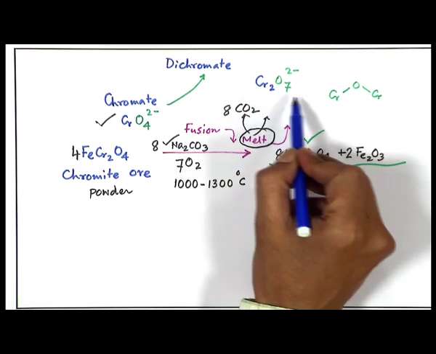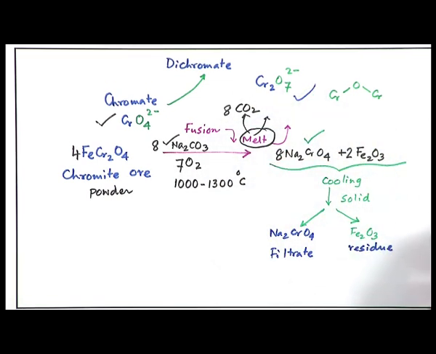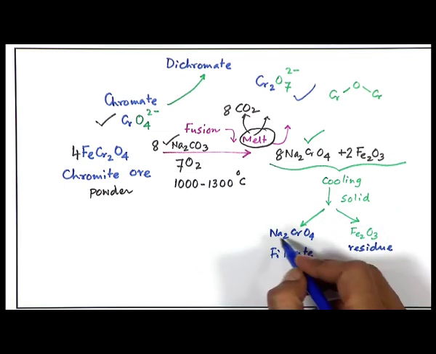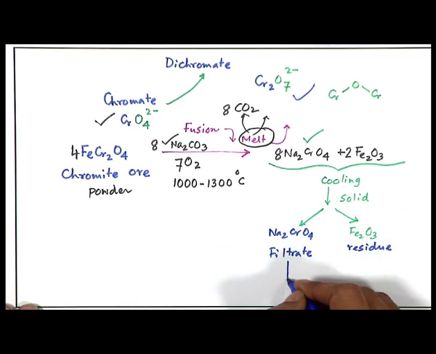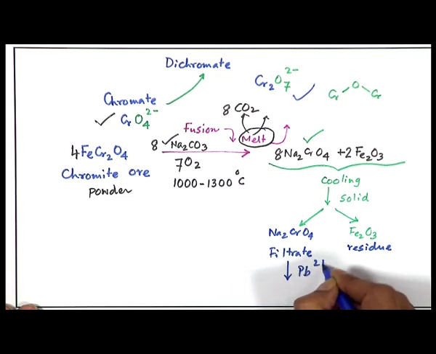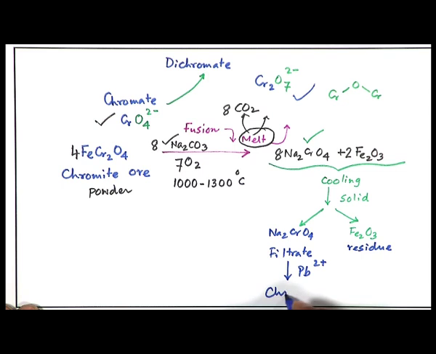Now, how do we use this, because ultimately we can make this? Once we make sodium chromate, as I just told you, you add Pb2+ to get chrome yellow, the lead chromate, which can be used for painting.